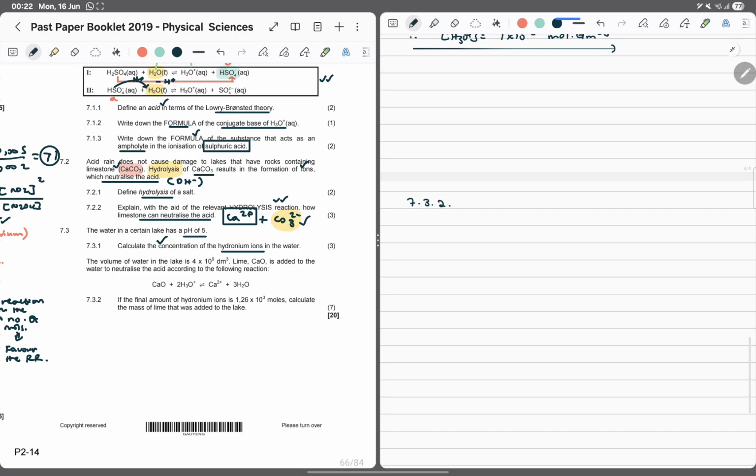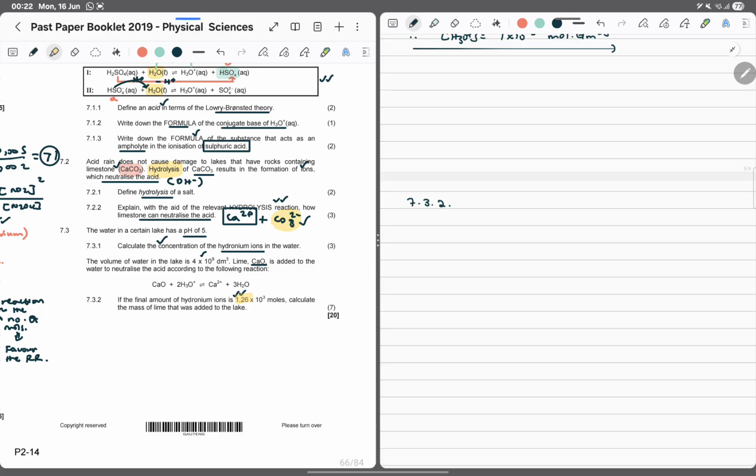Anyway, the question says now, the volume of water in the lake is 4 times 10 to the 9 decimeter cubed. What a big number there. Lime, so this is calcium oxide, is added to the water to neutralize the acid according to the following reaction. Nice and easy. Now the final amount of hydronium ions. So it already tells us that the acid is going to be in excess.